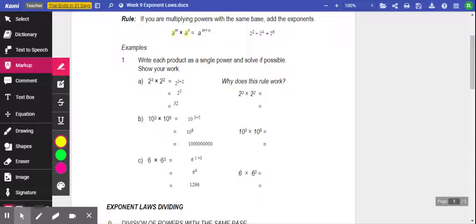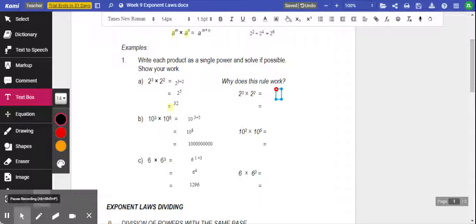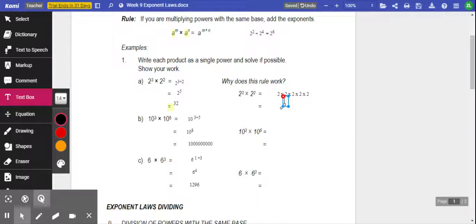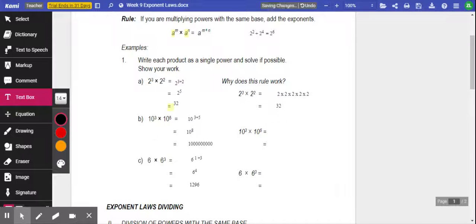Now it says, how does this rule work? Well, simply, it's just going through all the things we've talked about already. But if you're doing this, so 2 to the power of 3 can be rewritten as that. And then if we multiply by another 2, we'd still come up with our same answer over here of 32.